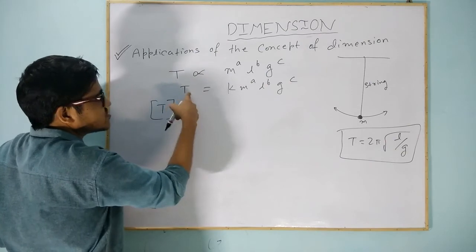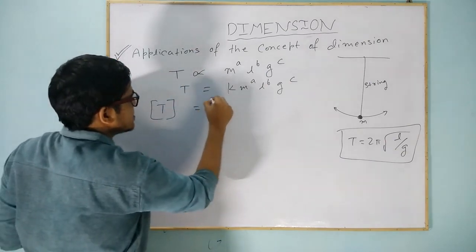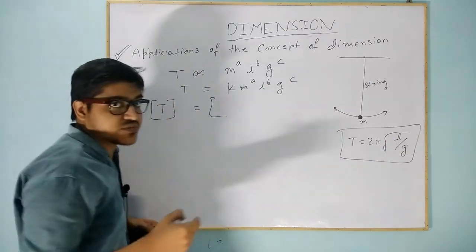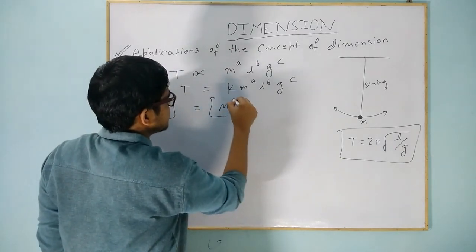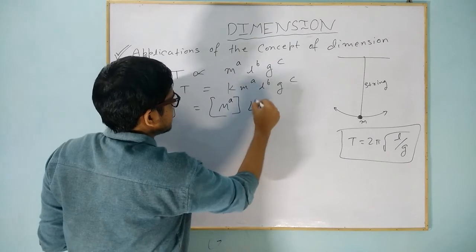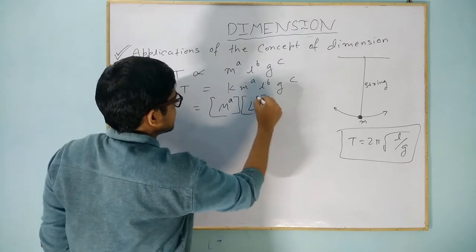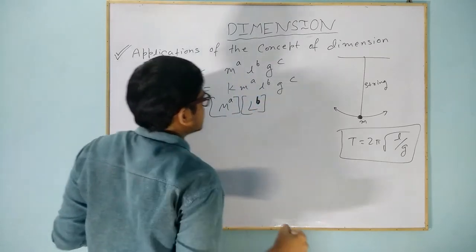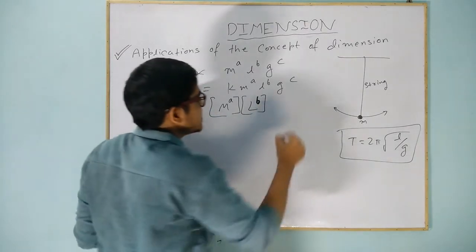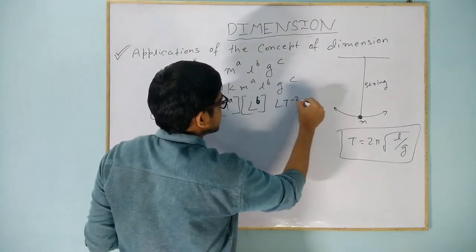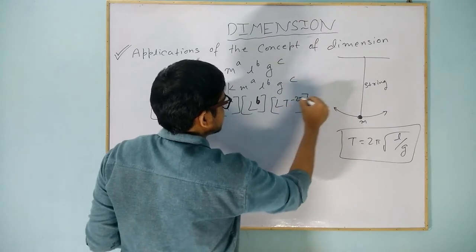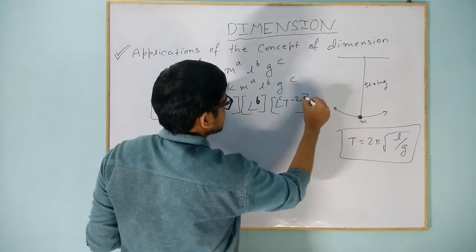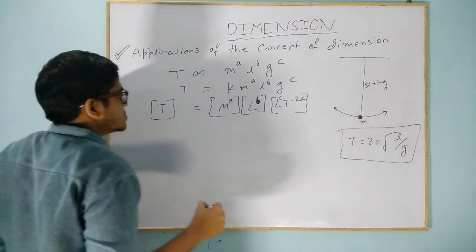This is time period, so its dimension would be T. K has no dimension, it's a pure number. Mass m raised to the power A, L raised to the power B. G is acceleration due to gravity, that means L T raised to the power minus 2, meter per second square, whole to the power C. So L raised to the power C, T raised to the power minus 2C.